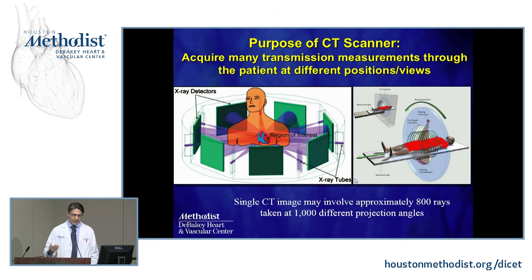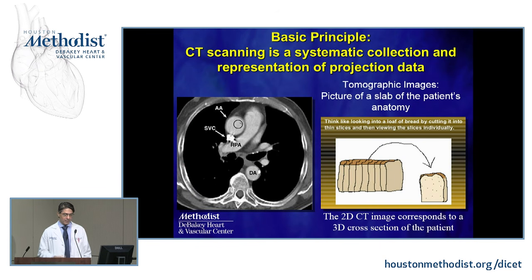In one example that I read, a single CT image can be almost 800 rays of x-rays taken at almost 1,000 different projection angles. So you can imagine how much information you can get from so many different projections. And that's really what we're going to be talking about.